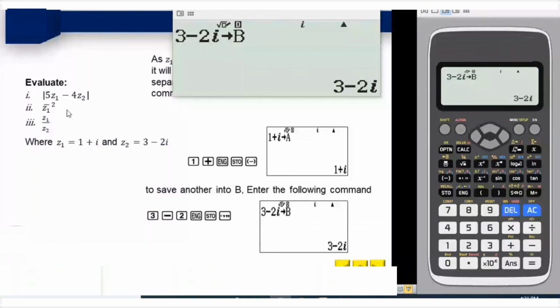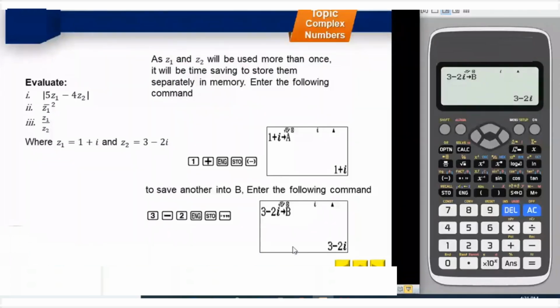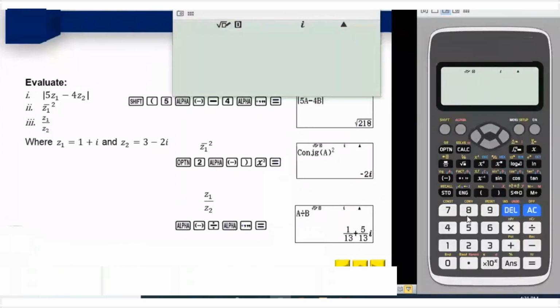So I will press shift and bracket. I hope by now you are aware that shift and bracket means the absolute value function. So the absolute value of 5Z1, which is A, so alpha A.